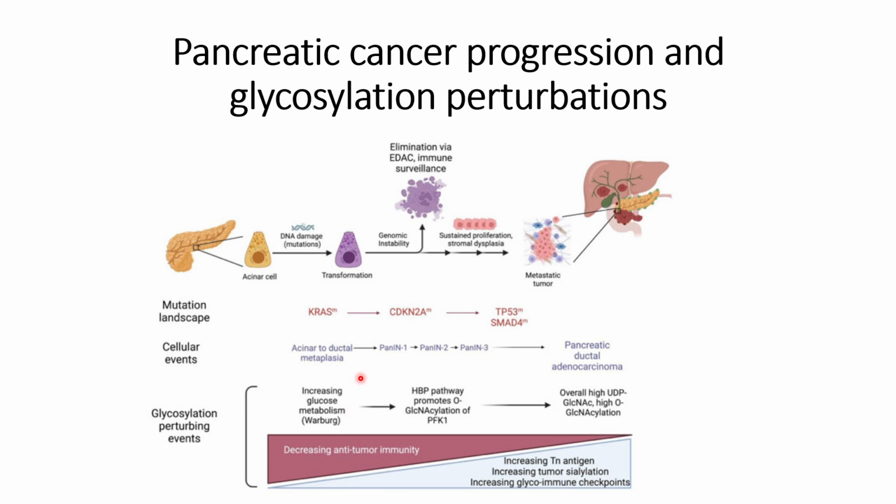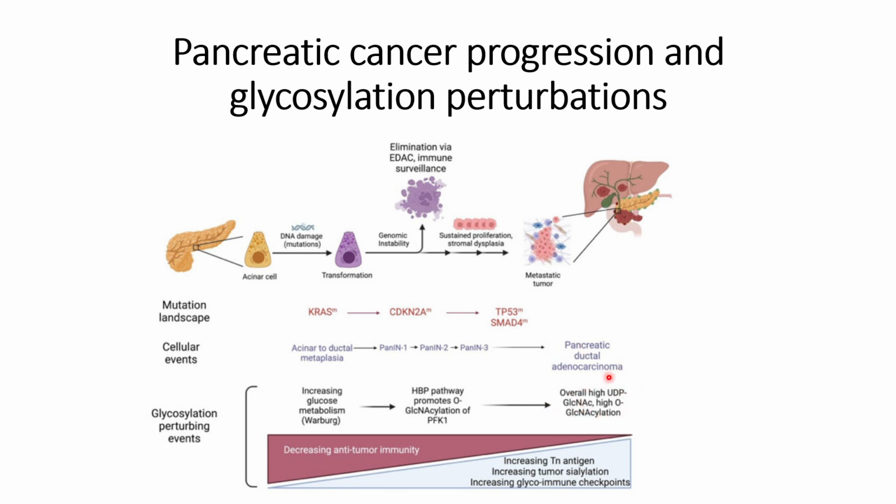As they move towards this glucose perturbation, it also causes upregulation of the hexosamine biosynthesis pathway, and this leads to O-GlcNAcylation of the enzyme PFK1. O-GlcNAcylation of PFK1 reduces its efficiency, and this acts as a positive loop, further accelerating the hexosamine pathway to promote O-GlcNAcylation. The overall effect is high UDP-GlcNAc and high O-GlcNAcylation within these pancreatic cancer cells.